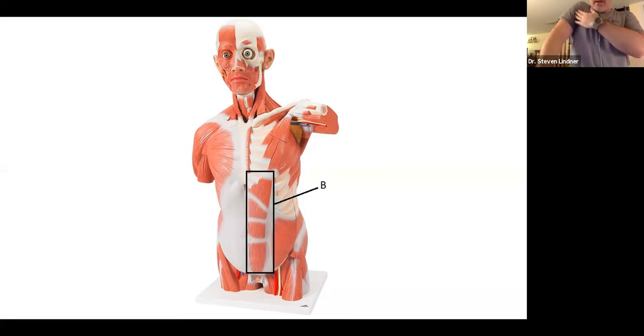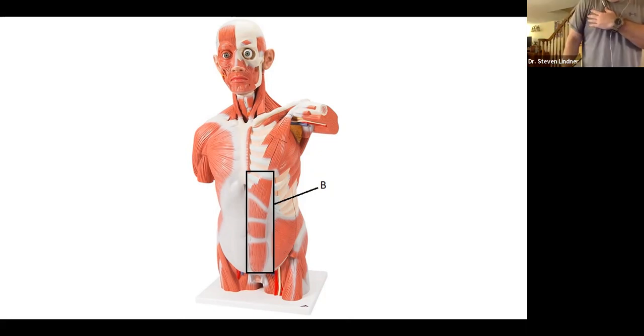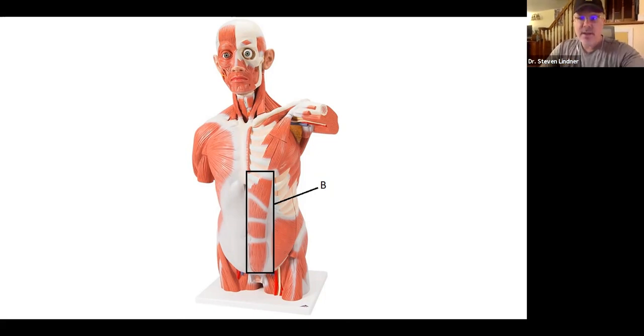So it rotates it so the back of the hand faces you. So when they walk like a gorilla, right? With the back of the hands facing forward instead of walking neutral. So the pec major adducts and it internally rotates the shoulder. When I say shoulder, it means humerus.